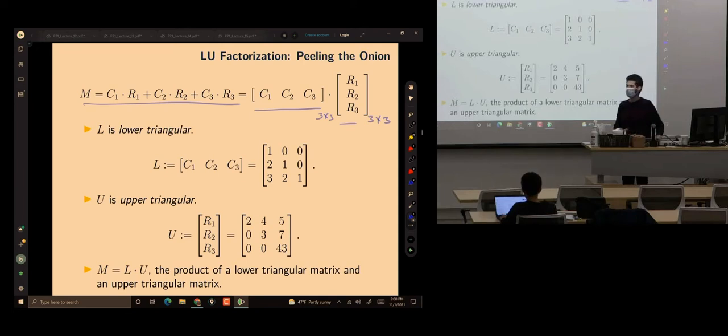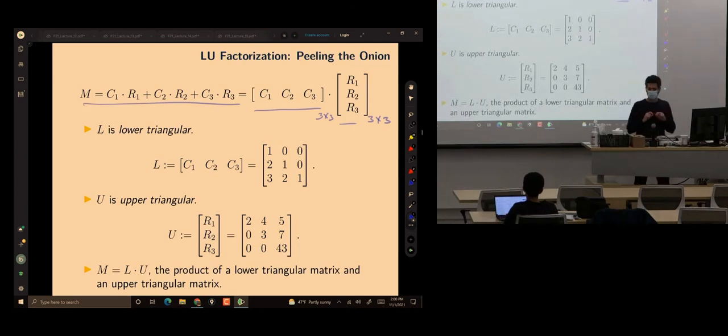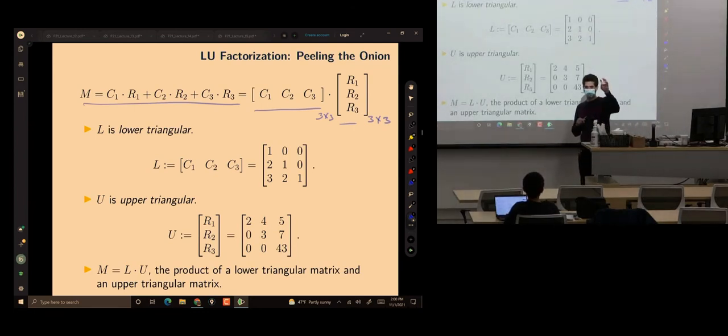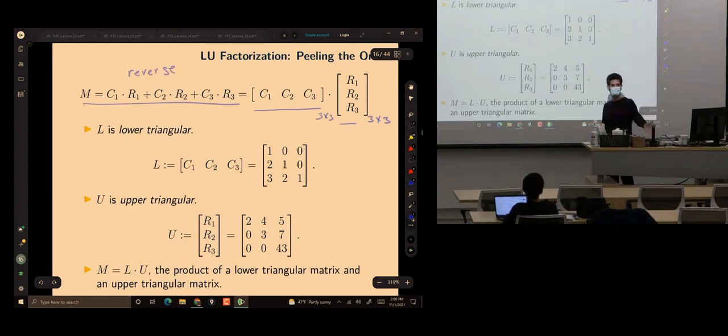Then we came up with an idea. If you remember, we grab the first column, divide by the pivot, the first element on the diagonal at the current step, then multiply that by the first row, then subtract it from the original matrix to reverse this process.